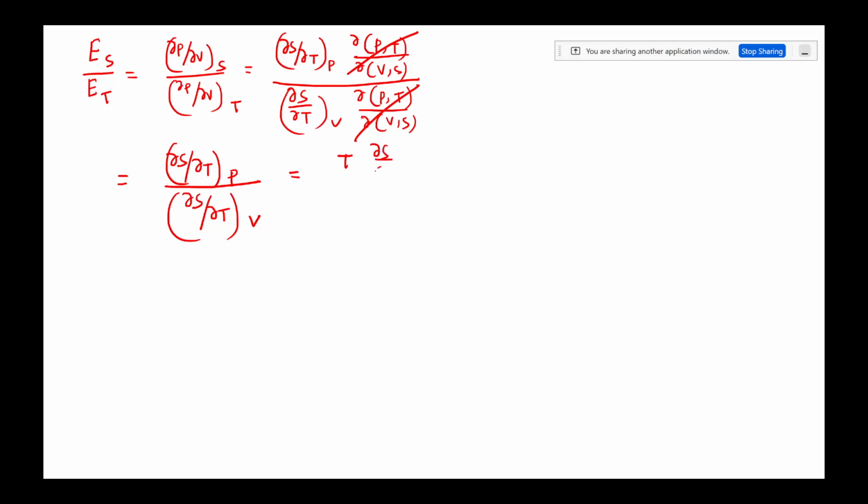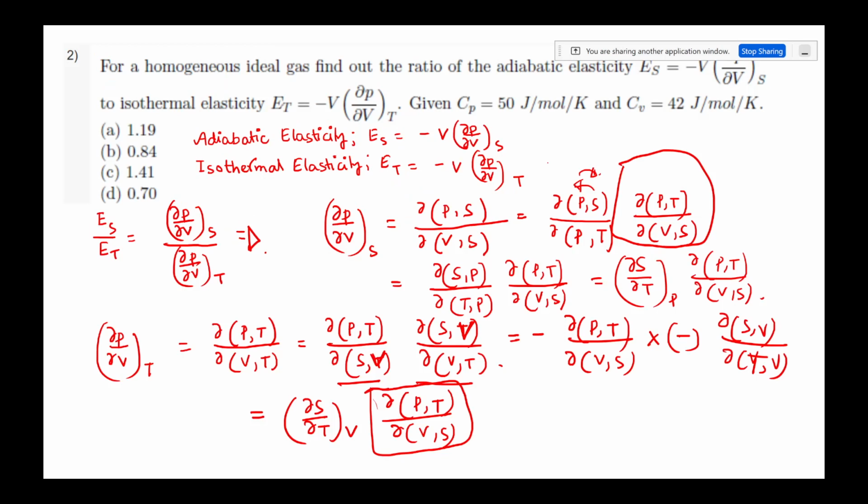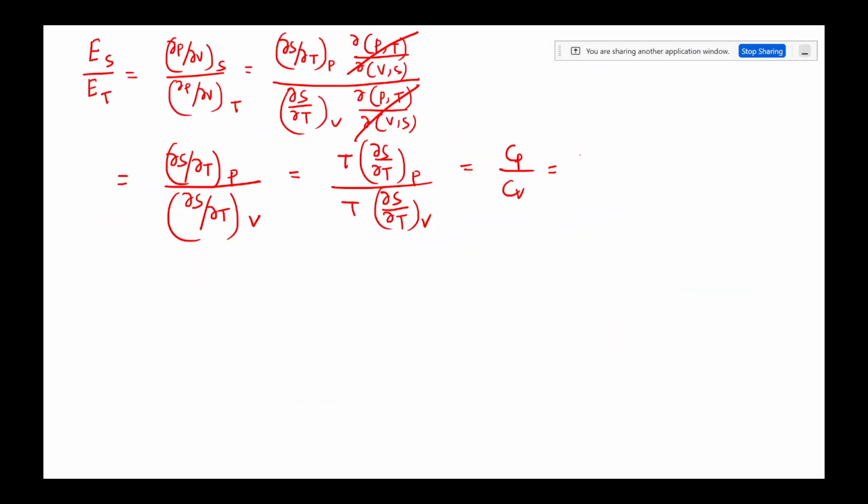So del S del T P times T over del S del T V. So this is Cp, this is Cv. What is the Cp value? 50, and this is 42. So this will be 50 by 42.